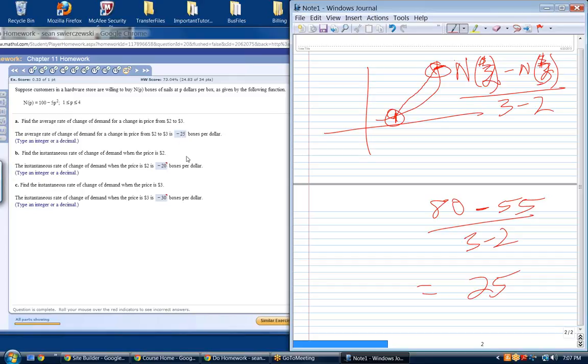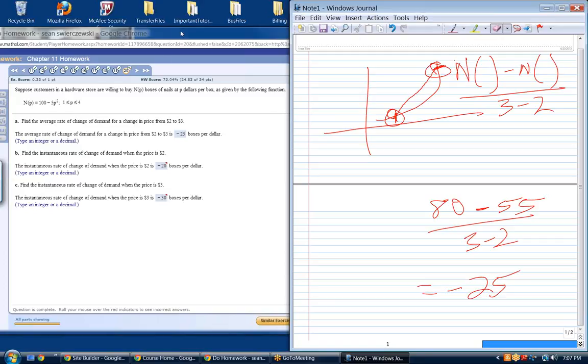Okay, I was right in the first place. It was n of 3 minus n of 2, so we ended up with negative 25 divided by 3 minus 2. So that's how you get negative 25. Yeah, so if you want to hit similar exercise, it would bring up a brand new one so that we can get credit for B and C.